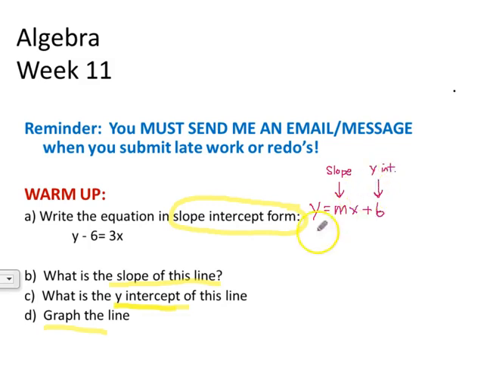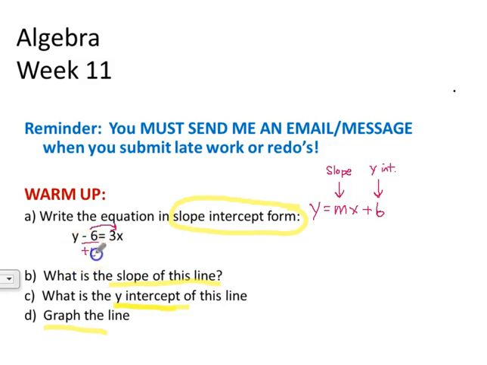So first, we just need to rearrange or rewrite this equation in slope-intercept form. To be in slope-intercept form, we're going to have y all alone on one side of the equation and all the other terms on the other side. So right now, looking at this equation, it looks like we just need to move this negative 6 to the right side of the equation.